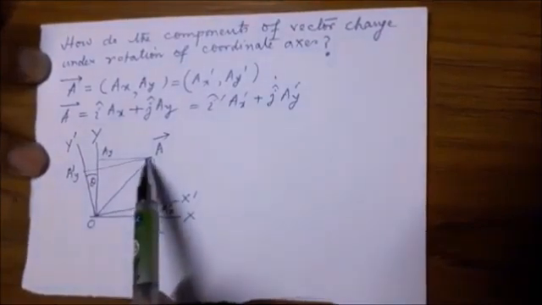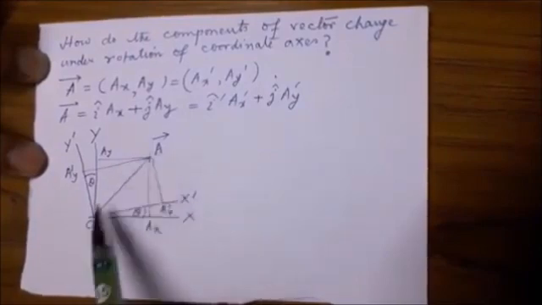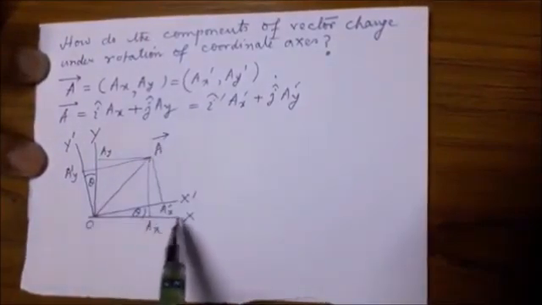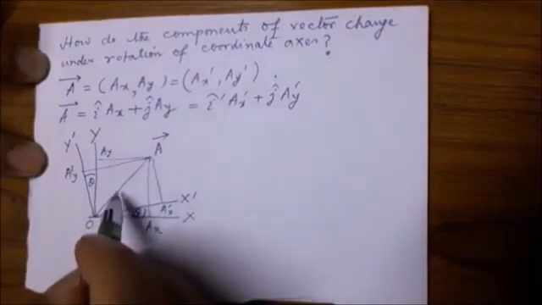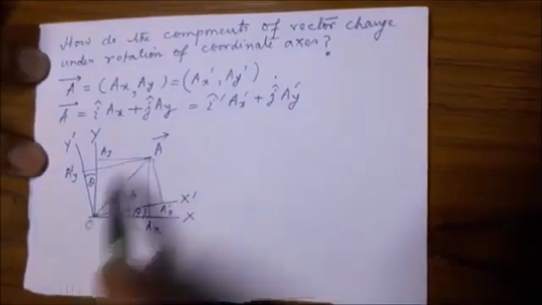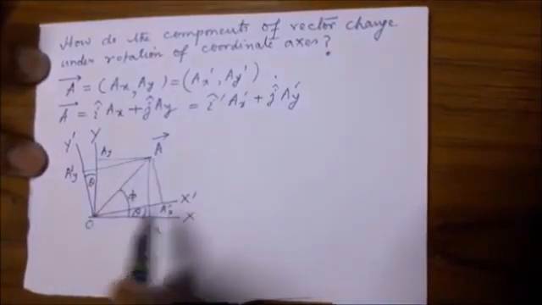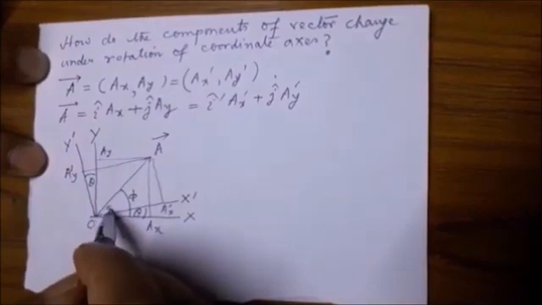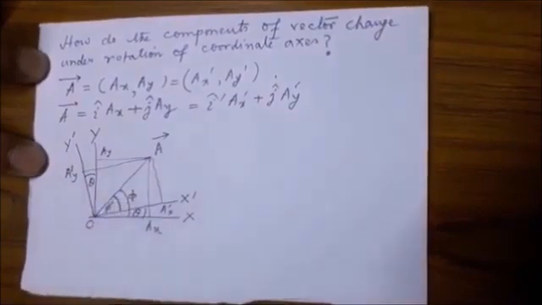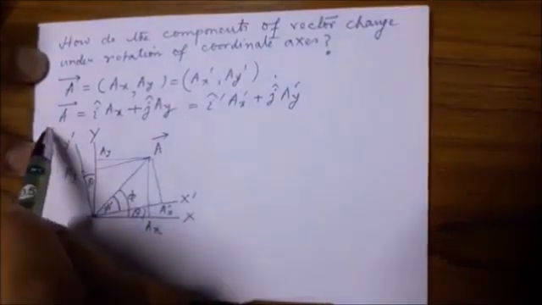Now suppose the angle that this vector makes with x-axis is this one, and let us call it phi, and similarly the angle which A makes with x prime is, say, phi prime. So this is phi prime. So I hope the diagram is clear.